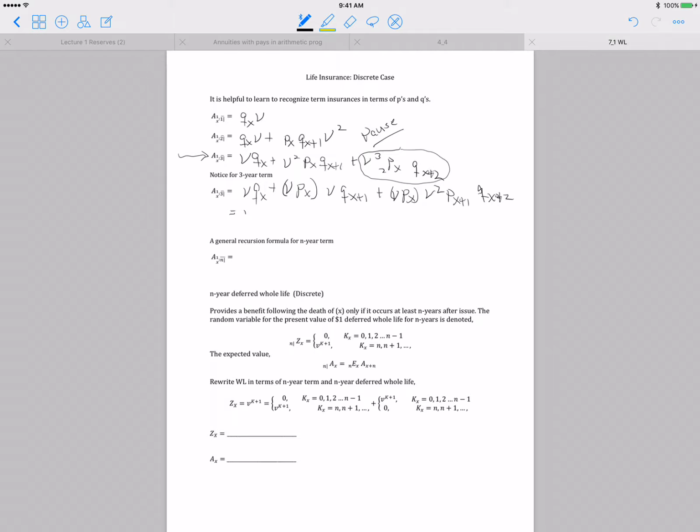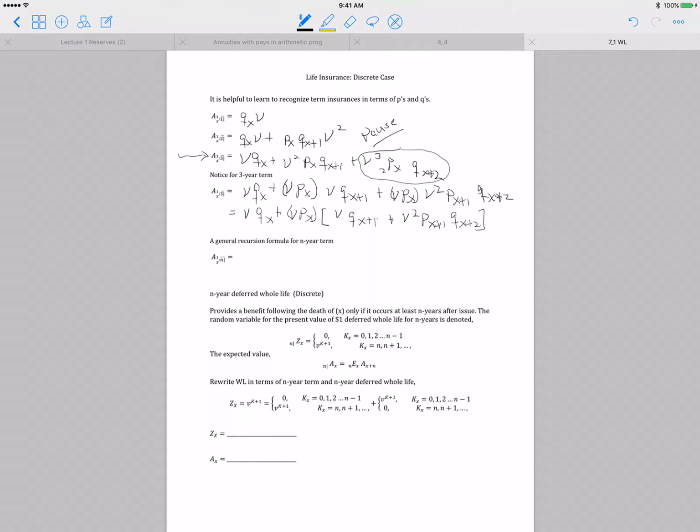All right, so let's just do what we did before. Let's factor the v p_x out of both terms. And in brackets, I'm going to have v q_{x+1} plus v squared p_{x+1} q_{x+2}.